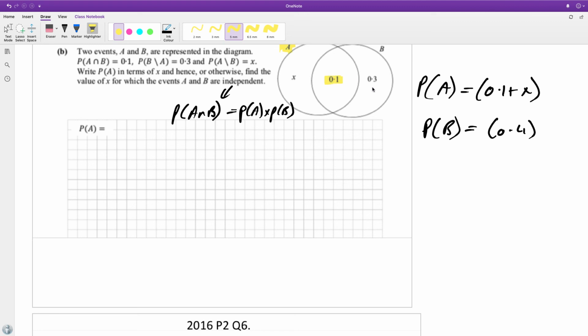Because it's 0.1 and 0.3. So, the probability of A is equal to what then? I'll do a bit of algebra.